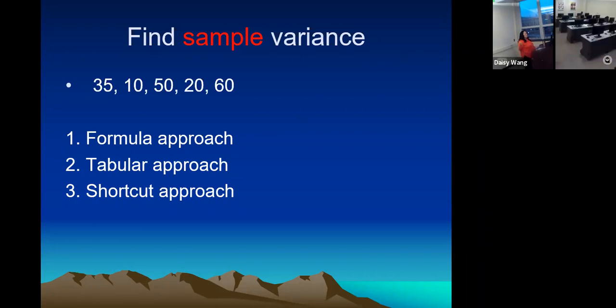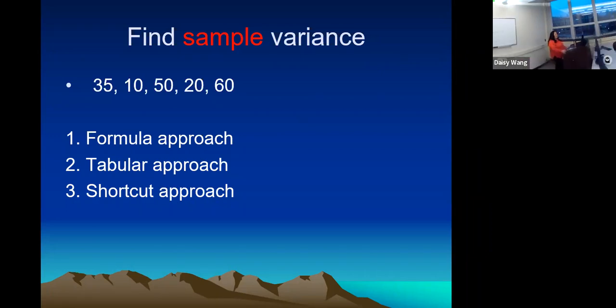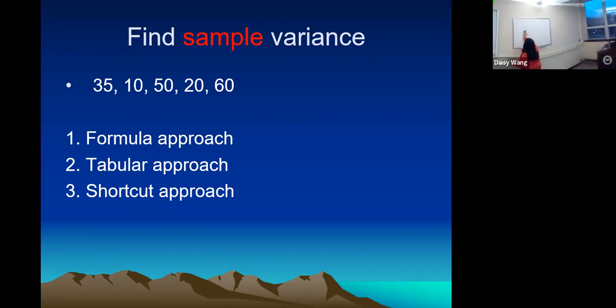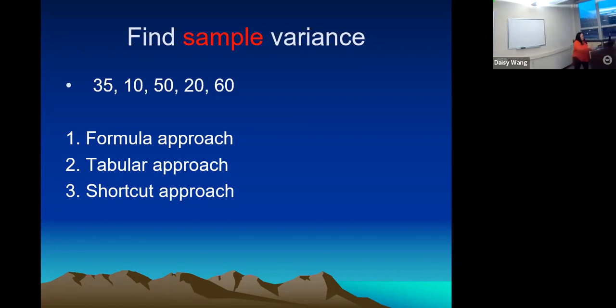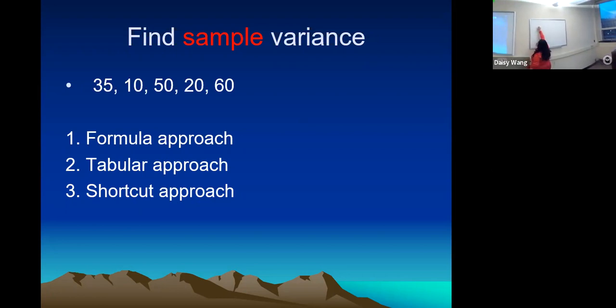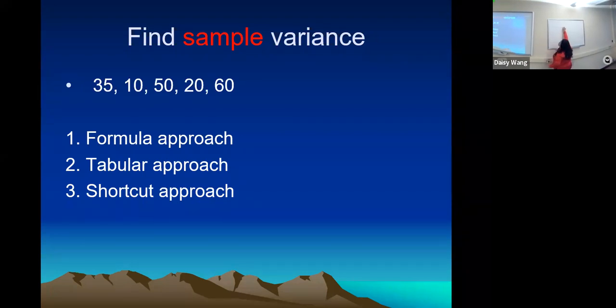Let's try to calculate this one. So the first one, the formula approach. We should calculate x bar first. So x bar equals 35 plus 10 plus 50 plus 20 plus 60.